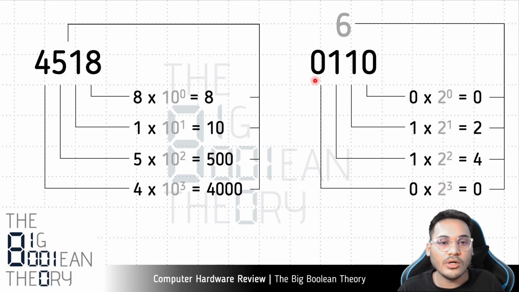To get what number this bit pattern represents, we do a weighted sum. There are the symbols 0, 1, 1, 0, and the weights. You multiply 0 with 1, 1 with 2, 1 with 4, 0 with 8, and you add all of these: 2 and 4, you get 6. This is how we can get what number a particular bit pattern represents, by doing a weighted sum of the individual symbols in the bit pattern.